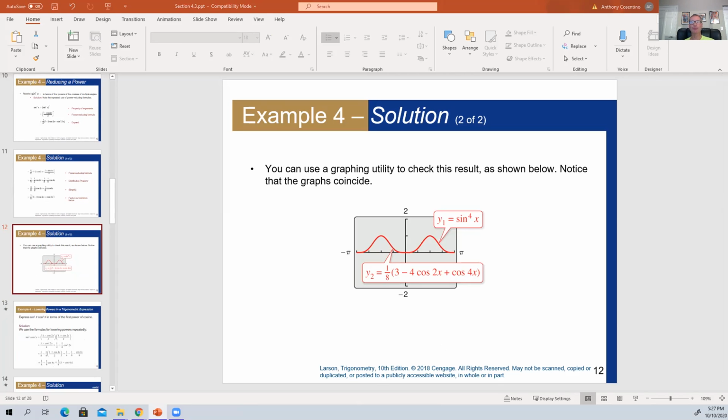Okay, so let's do one more of these. Let's clear this one. So let's do this one and see what we get. So say you're asked, you have sine squared of x times cosine squared of x, and you want to do the power reducing, get rid of all the squares. So let's see what happens when we do this.